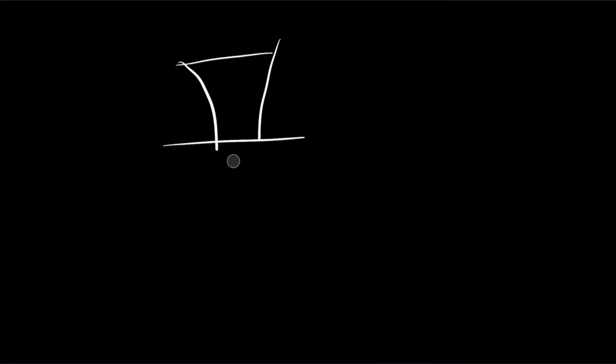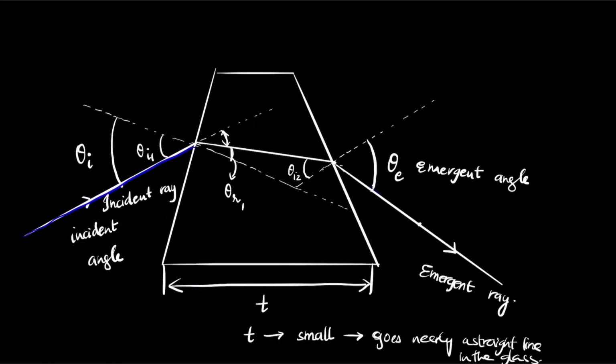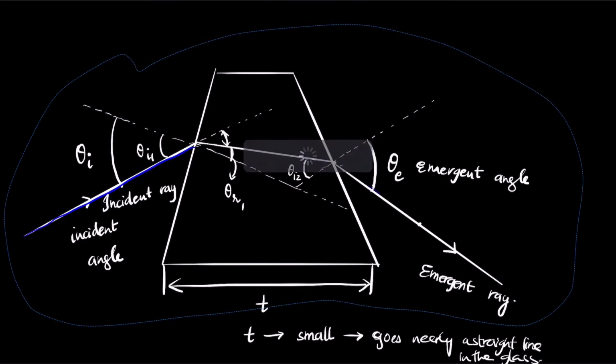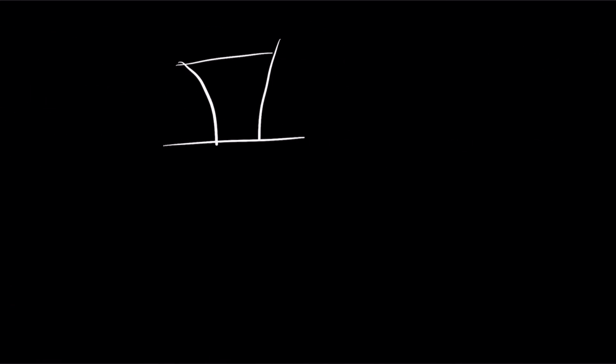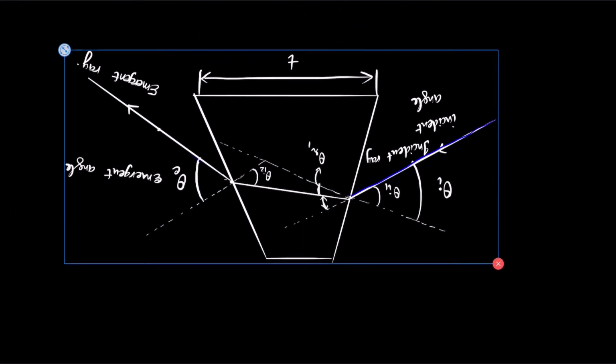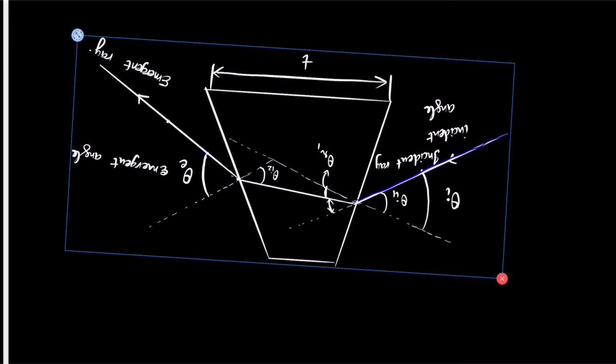Notice that it's the exact opposite, the reverse, of the original lens. So we can take the same diagram and flip it completely.